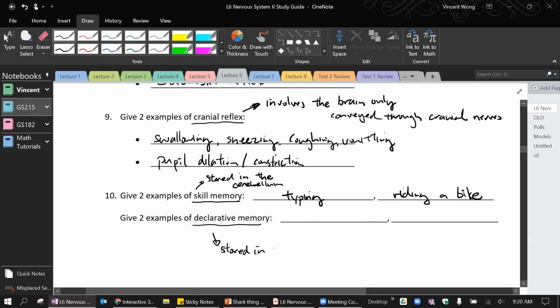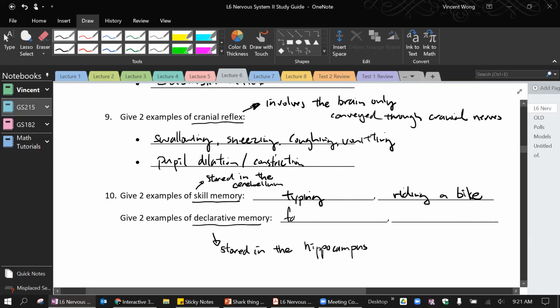these are stored in what is the location for storing memories in the brain? Declarative memory. Does anybody remember the name of the structure? They are stored in the hippocampus. Okay, the hippocampus.